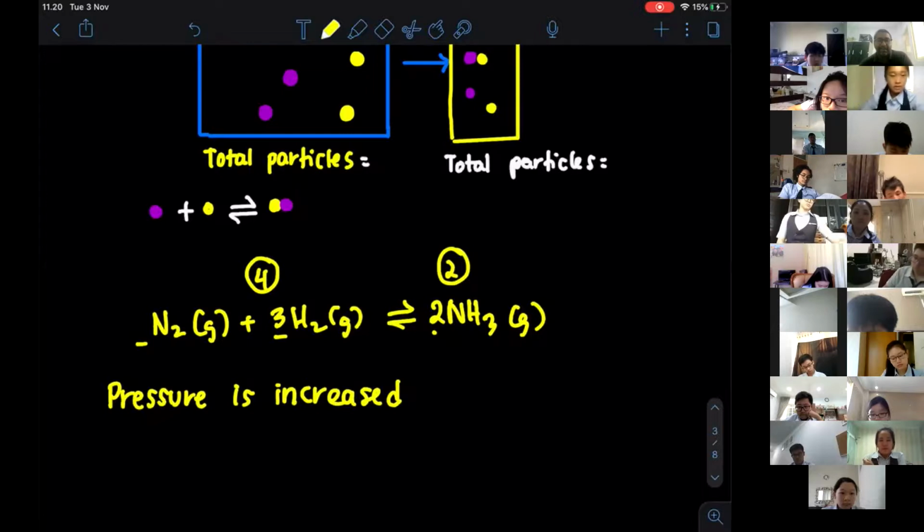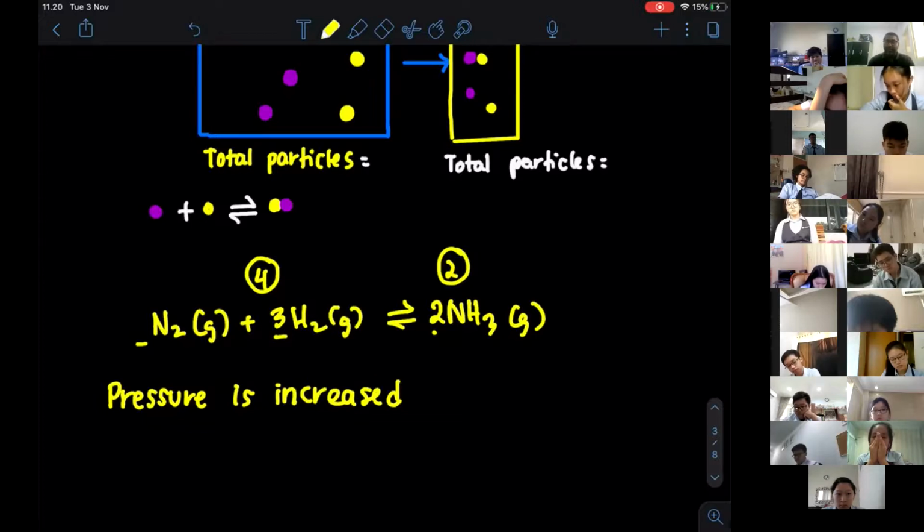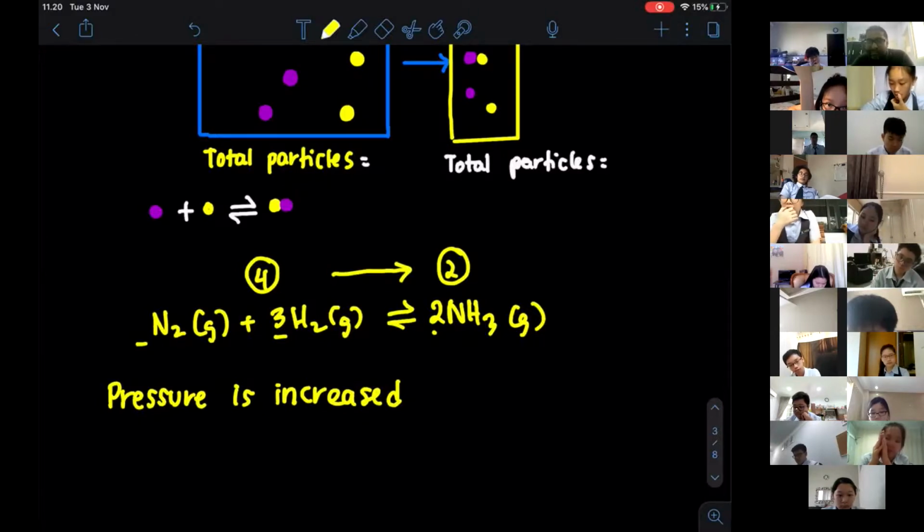So by favoring the reaction that makes the pressure low, towards something that can give me less number of particles. In this case, I move from 4 to 2, to form less. So the position of the equilibrium is shifted to the right.